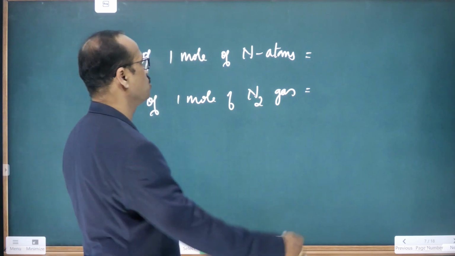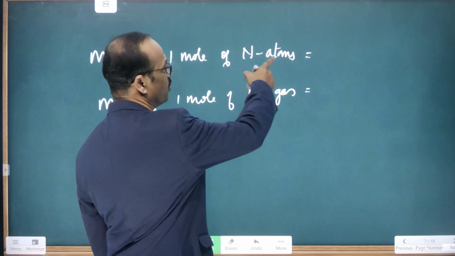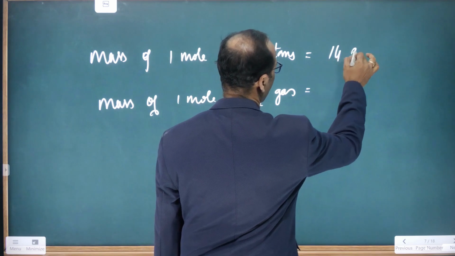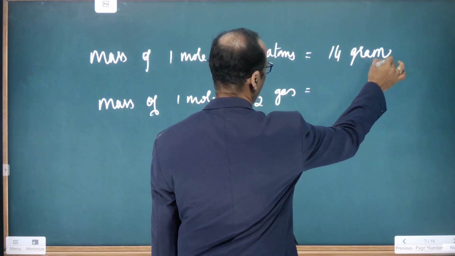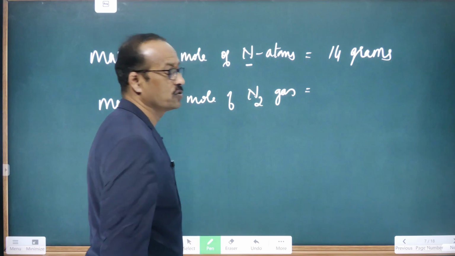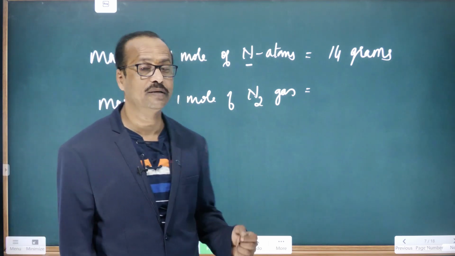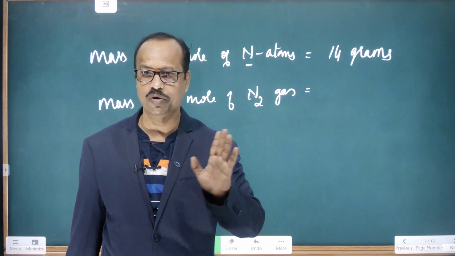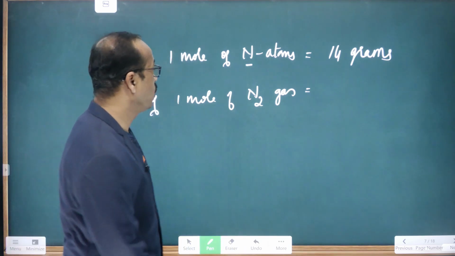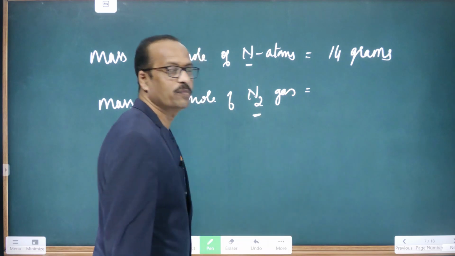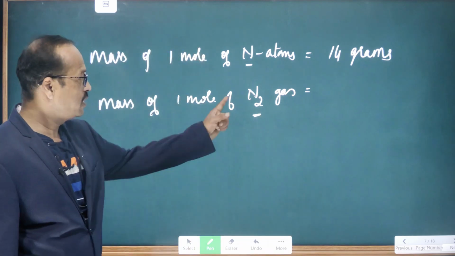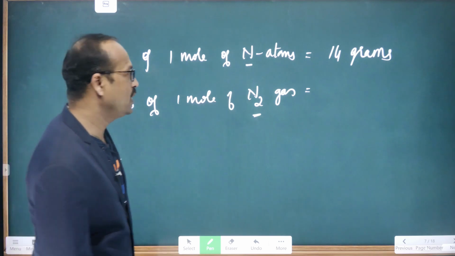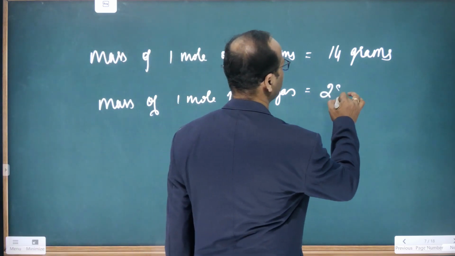So, mass of 1 mole of nitrogen atoms is how much? Very good. 14 grams. Why 14 grams? Because the mass number of nitrogen is 14. So, 14 grams is equal to 1 mole of nitrogen atoms. Then what is the mass of 1 mole of nitrogen gas? 2 nitrogens are there, each is 14. 14 times 2 is 28. So, 28 grams. Clear?